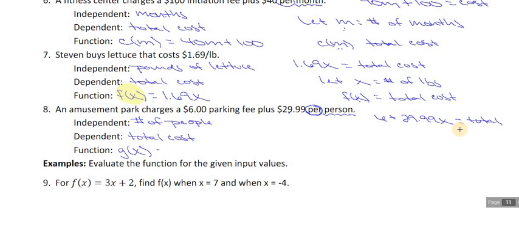So g of x is equal to, I'm going to put my variable first, $29.99 times x plus 6, where in this case our x equals number of people. And the side note is that g of x then tells us our total cost.